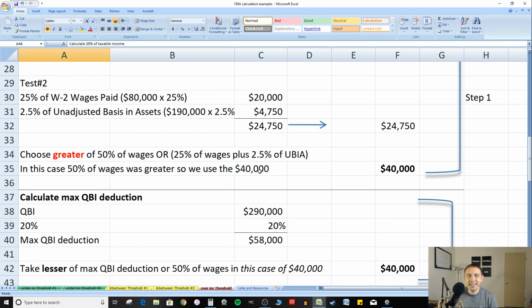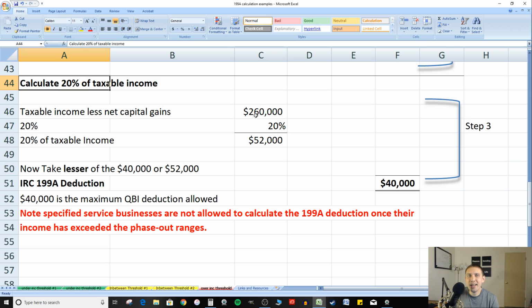So 20% of $260,000 is $52,000, right? So we know that $40,000 is less than $52,000, right? Our maximum QBI deduction in this example number 5 is $40,000. So what this means is that Chipper could reduce his taxable income with this qualified business income deduction by $40,000, and he's going to report that on line 9.